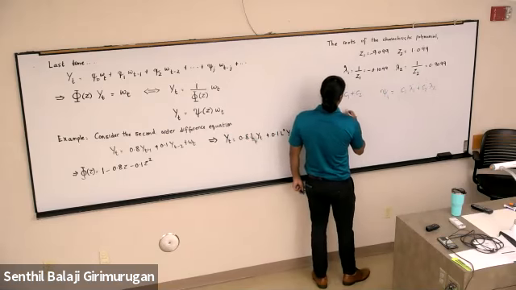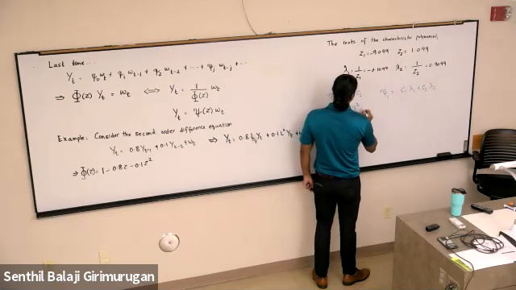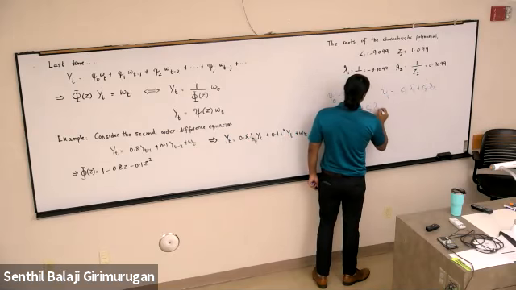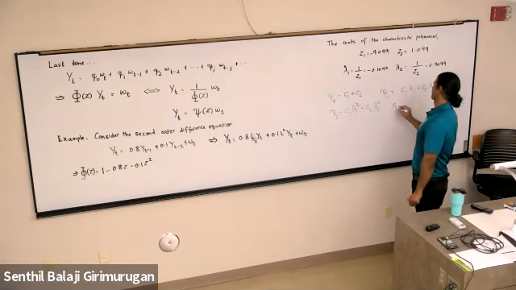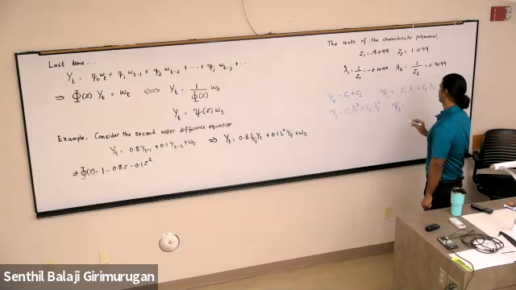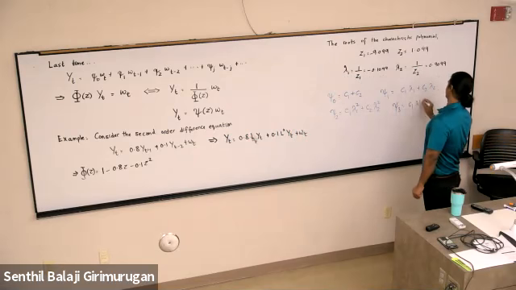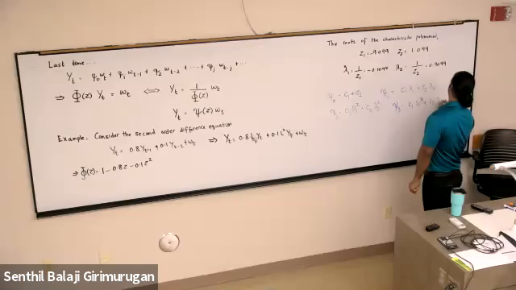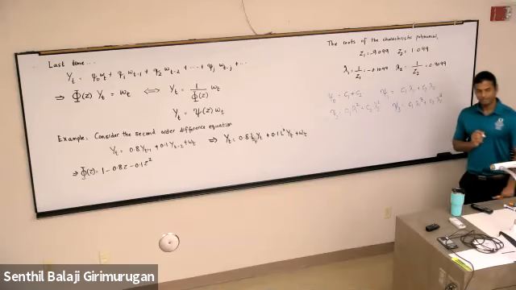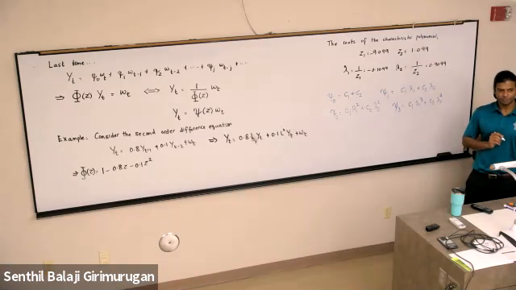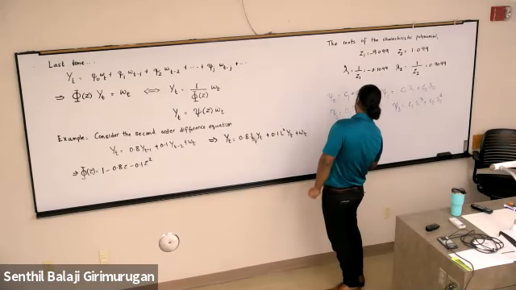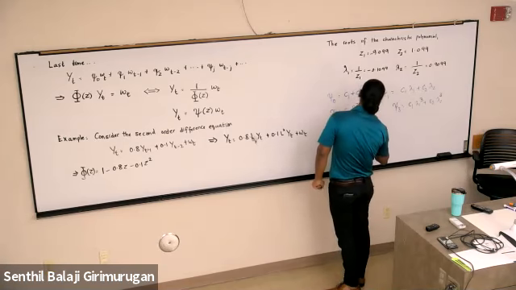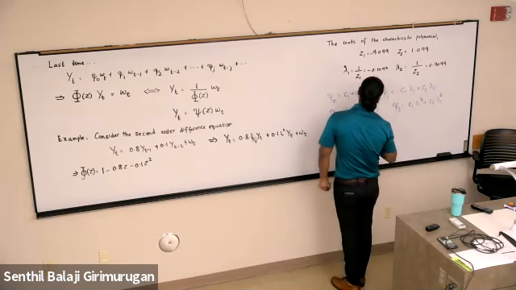Psi 2, C1 lambda 1 squared plus C2 lambda 2 squared. Psi 3, C1 lambda 1 cubed plus C2 lambda 2 cubed. So on and so forth. You get the point now, yes. So psi j is C1 lambda 1 raised j plus C2 lambda 2 raised j.